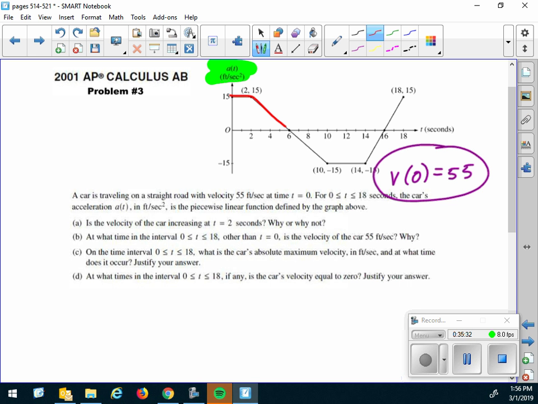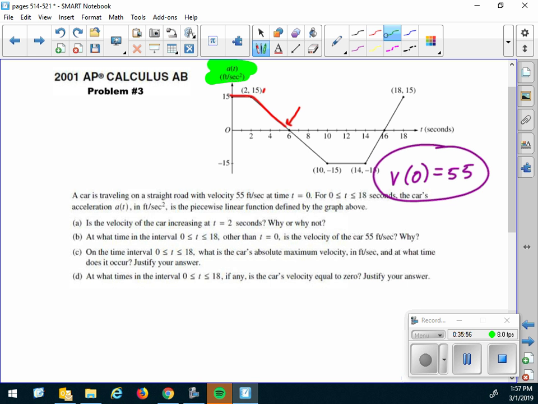Why is the velocity increasing there? So I know that the speed of the car is going up from time 0 to 6. You with me there? So I know at this point the velocity is more than 55 feet per second.